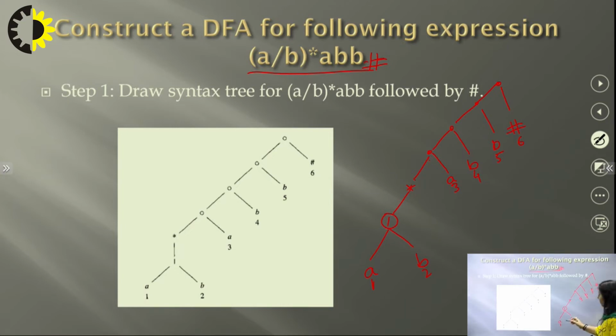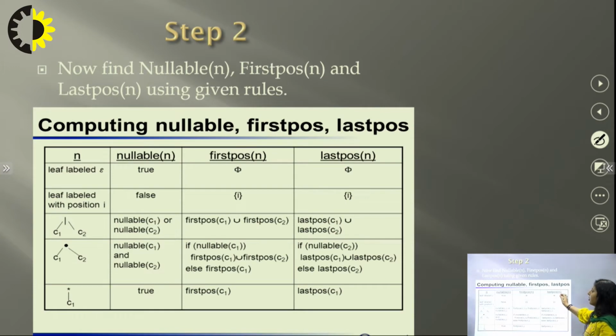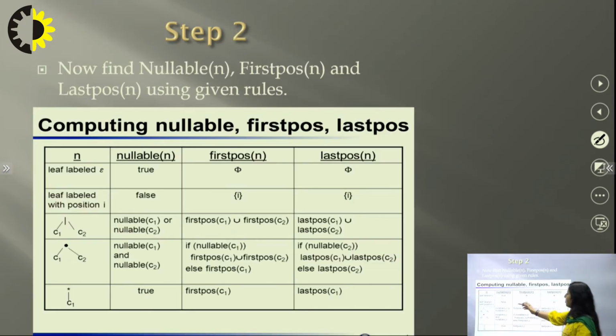Then after numbering, we have to calculate the nullable by using these rules. To calculate the nullable of the leaf nodes, these are the leaf nodes. While we are calculating the nullable, we have to follow this: for nullable(n), if the node is a leaf node labeled epsilon, then nullable is true.